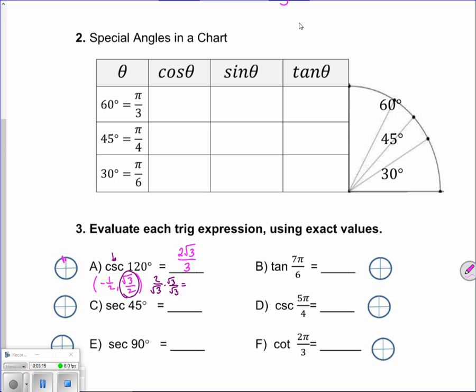Hopefully by now you realize I don't have to memorize the whole unit circle. I kind of have to know quadrant 1, and then I just make sure I put the positive and negative right. What this chart does is it helps you organize those values. Watch how cool this is. Are you ready? Let's do it.